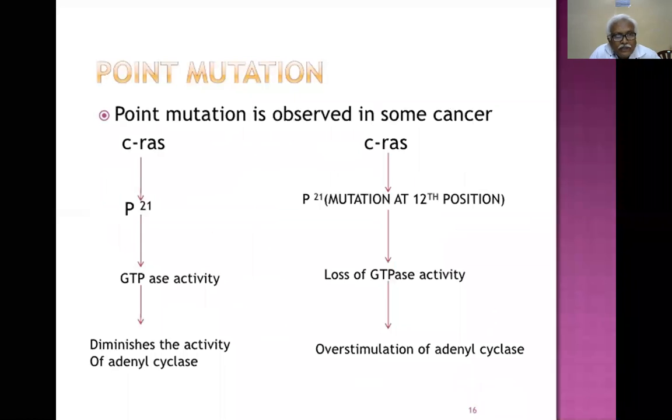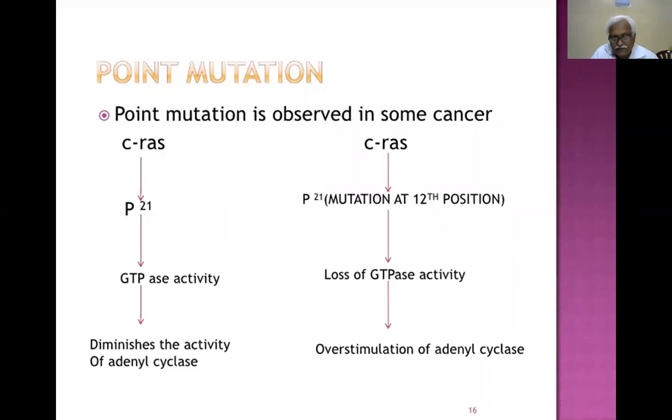So point mutation. Point mutation is observed in some cancers. Ras p21 has GTPase activity and diminishes the activity of adenyl cyclase. And the same Ras p21 mutation at the 12th position causes loss of GTPase activity, and overstimulation of adenyl cyclase will take place.